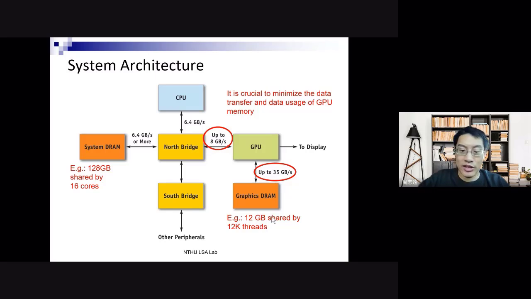So the GPU memory is much smaller than main memory, which limits the amount of data we can process on the GPU. This is another bottleneck for GPU programming, and you will certainly encounter this problem in your next homework.